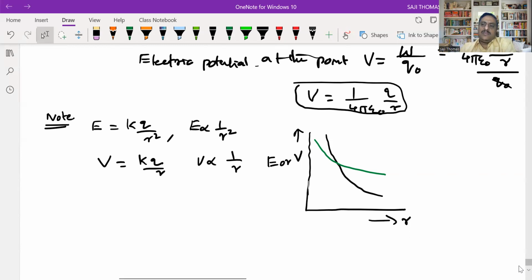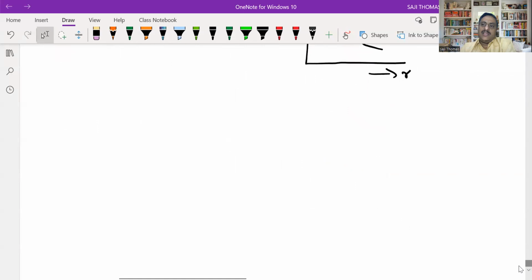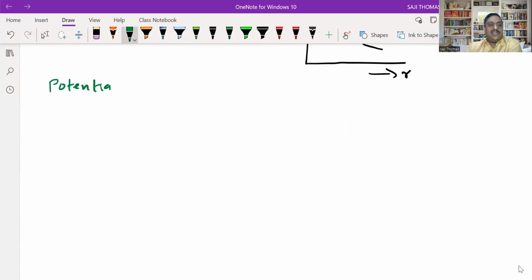That total potential will be equal to the algebraic sum of the individual potentials due to each charge. So we can write the equation for potential due to a system of charges.